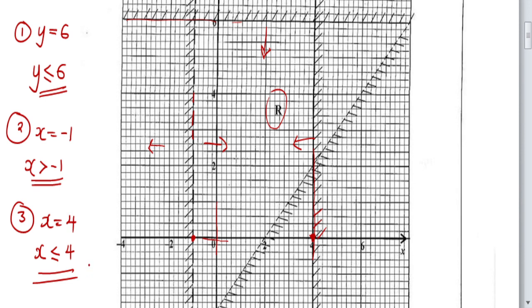Now the fourth inequality is this line here. This line is a slant one. It is not only cutting at one point, it is cutting at 2 points.